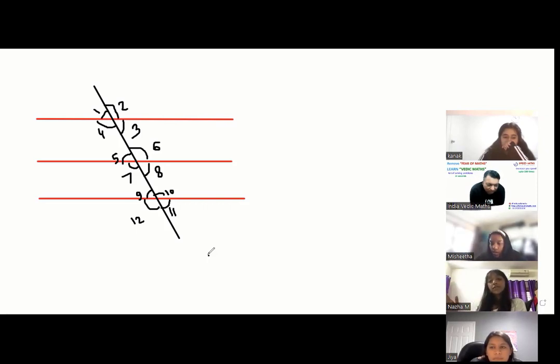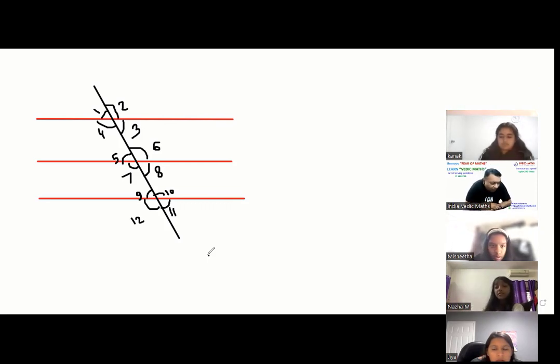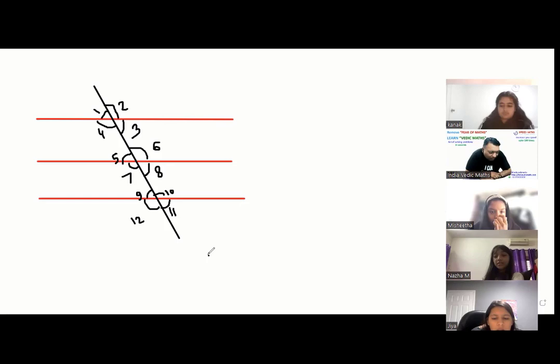You tell me the names. You will say either they are corresponding, or alternate, or vertically opposite. Corresponding. Very good. Mishita, will angle 1 and angle 9 be equal? Yes, because they are corresponding.